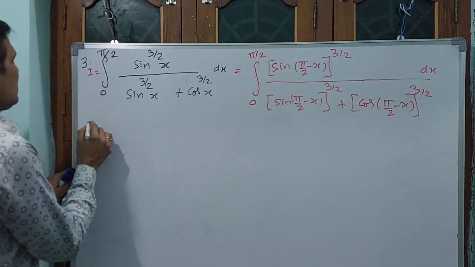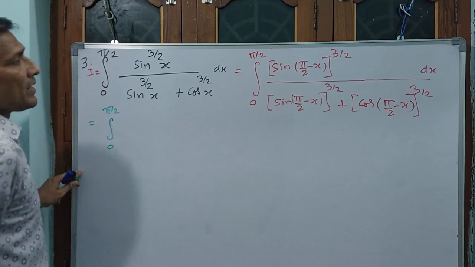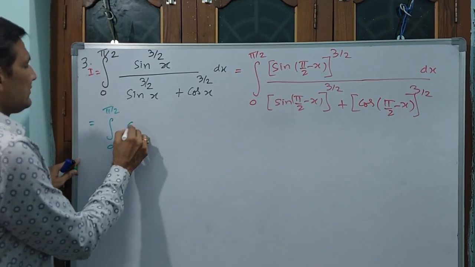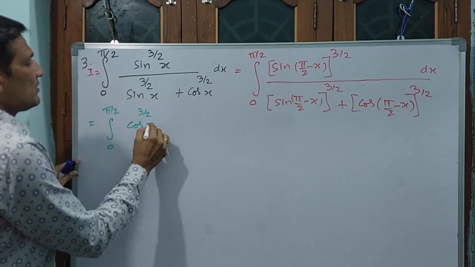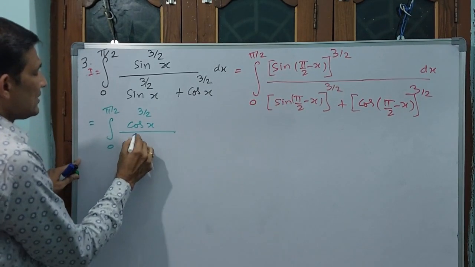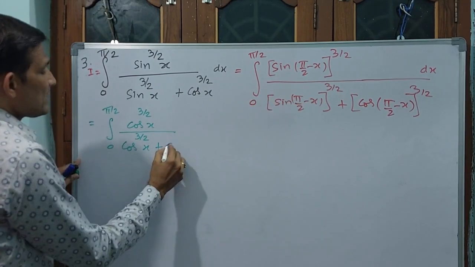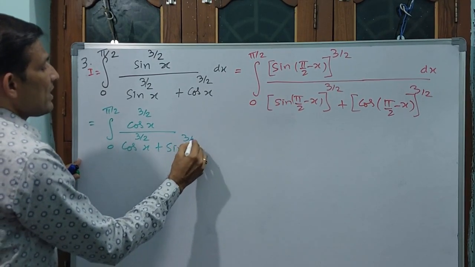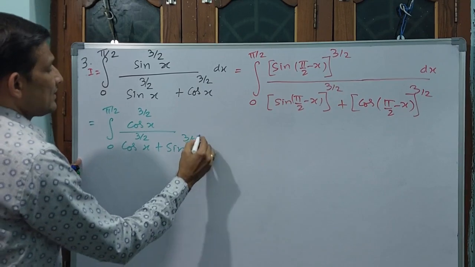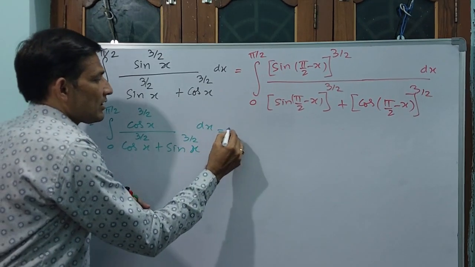That is equal to integral 0 to pi by 2 cos power 3 by 2 x divided by cos power 3 by 2 x plus sin 3 by 2 x dx. This is also I.